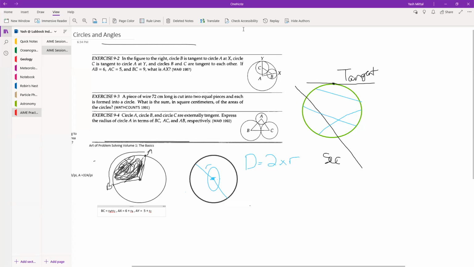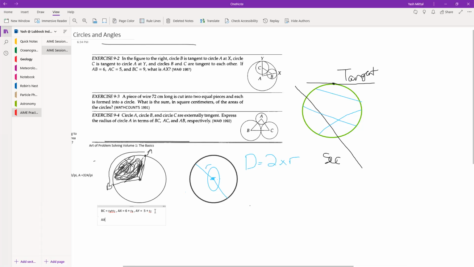You will notice that AX is a radius because it goes from the center to the edge. But AY is also a radius too. And so since AY and AX are both radii of the same circle, we know that AX must equal AY.